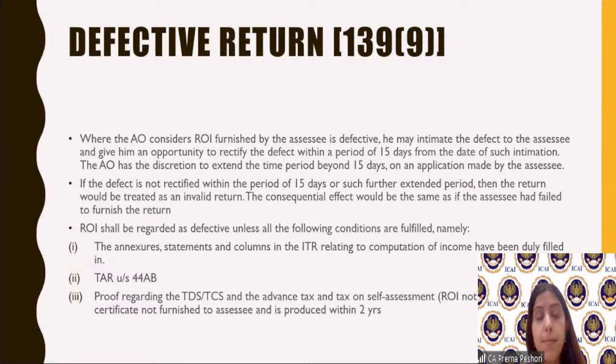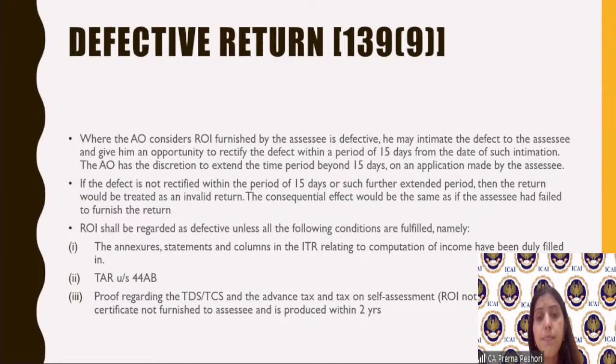Now, for every assessee, there's a requirement for the PAN. There are persons who are mandatorily required to obtain the PAN. 139A requires certain persons to mandatorily obtain the PAN by making an application to the AO. Who is required to obtain the PAN?